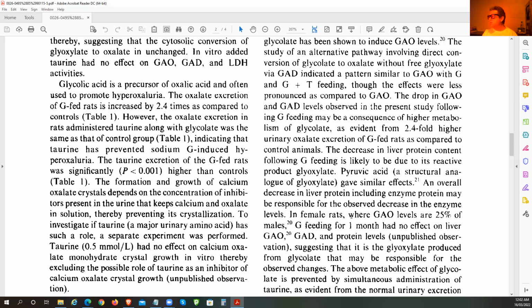In female rats, GAO level 25% higher than males, G feeding for 1 month had no effect on liver GAO and GAD and protein levels. Unpublished observations suggest that it is the glyoxylate product produced from glycolate that may be responsible for the observed changes.